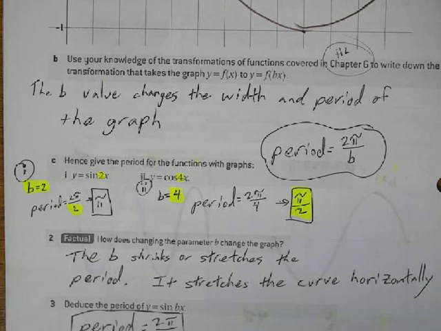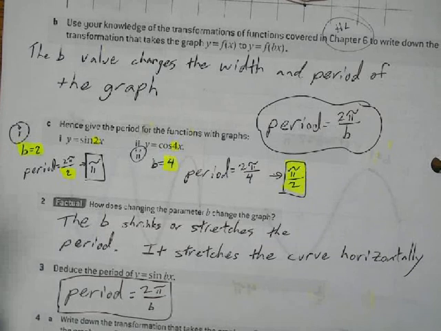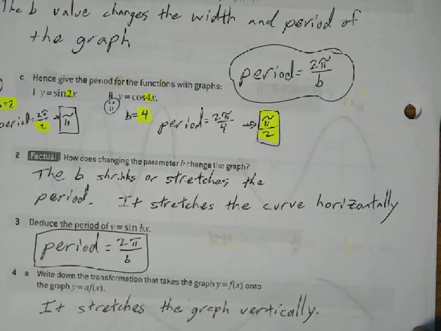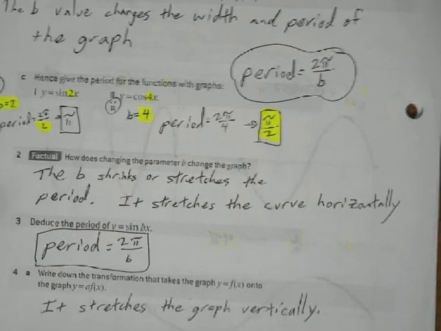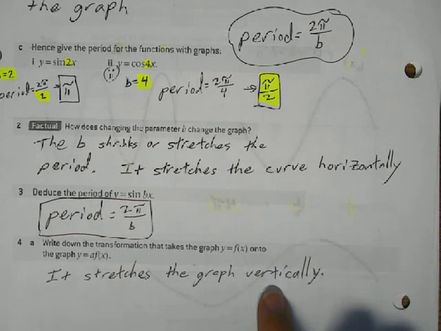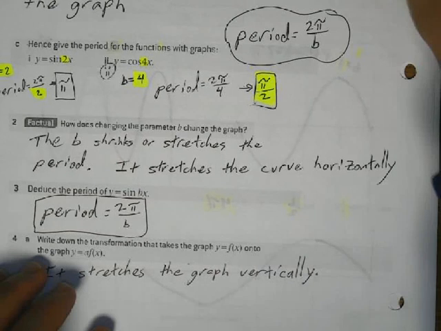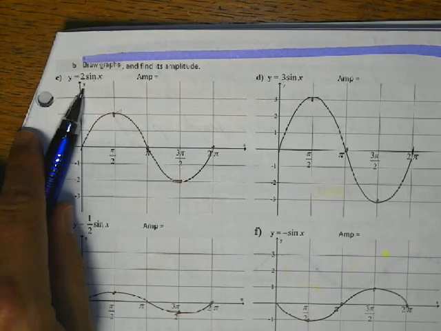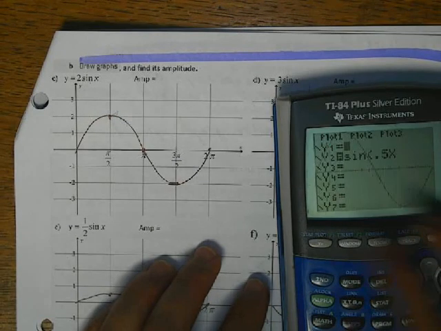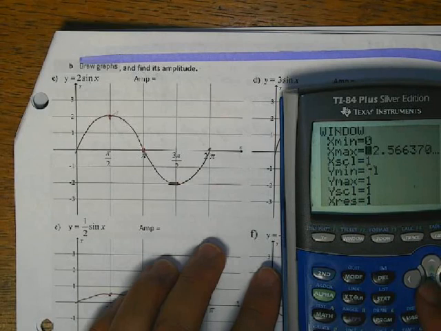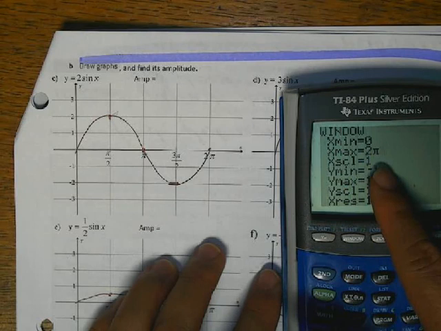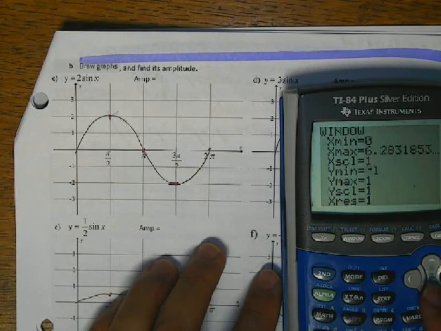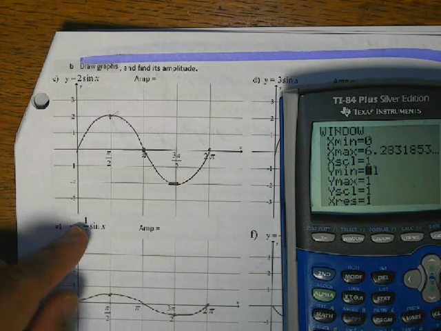Now the A value is going to stretch the graph vertically, and that's going to affect something called the amplitude. So I need to change my window here. I'm just going to do all of these in 2 pi for the x max, and the y minimum I'm going to make -3, and the y maximum I'm going to make 3.